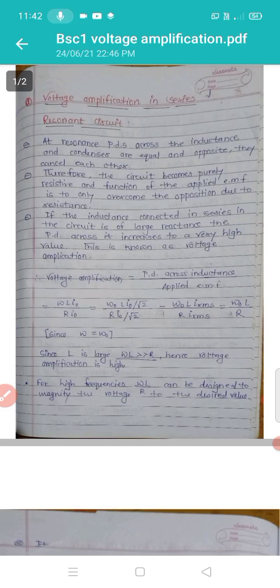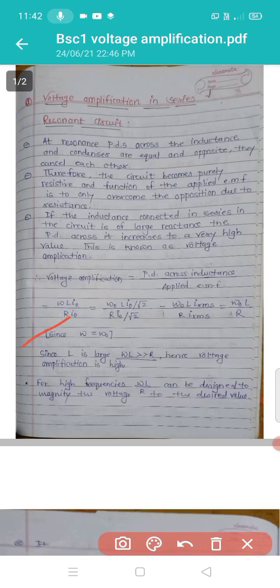This is known as the voltage amplification. What is the voltage amplification? If the inductance connected in series in the circuit is of a large reactance.